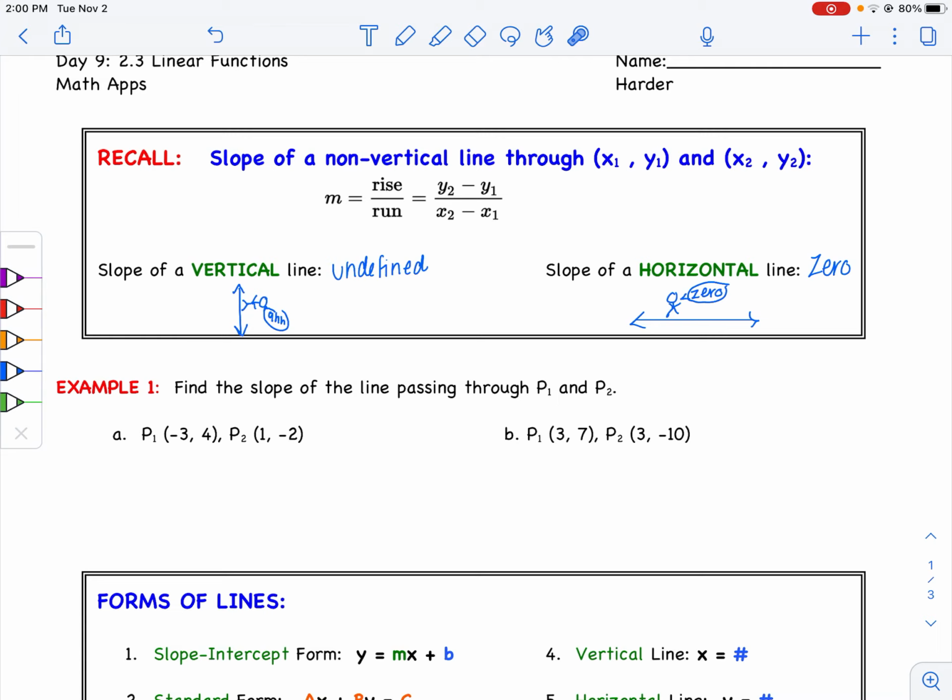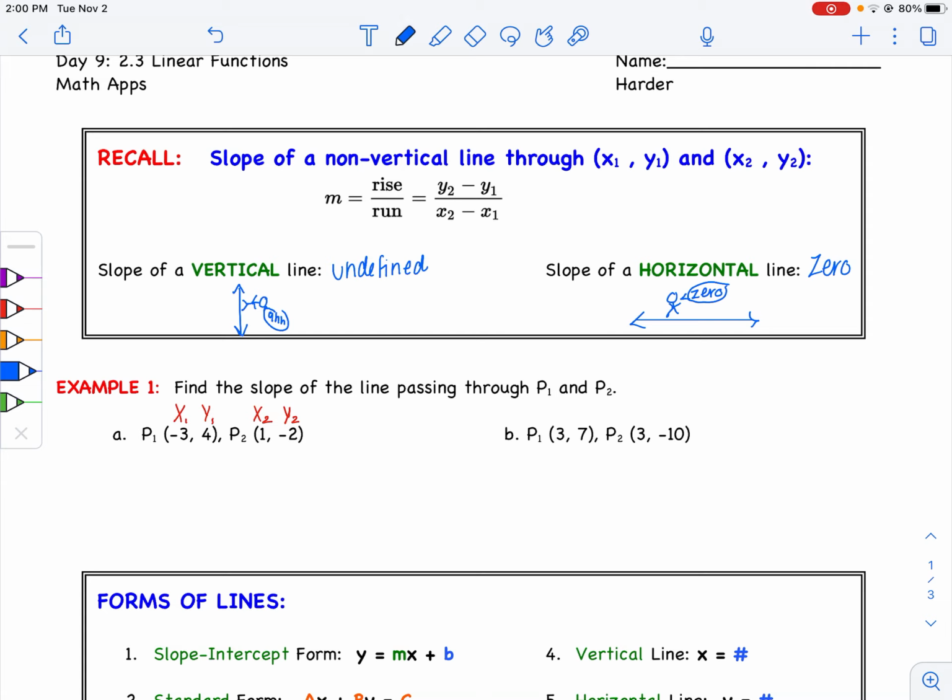Now we're going to do example 1, which is find the slope of a line passing through those 2 points, P1 and P2. You can feel free to label x1, y1, x2, y2, and then we plug into the formula above.